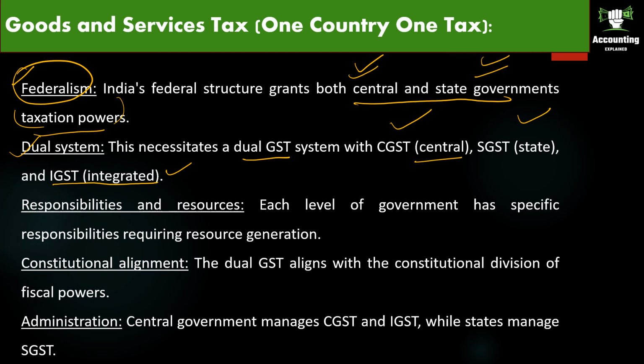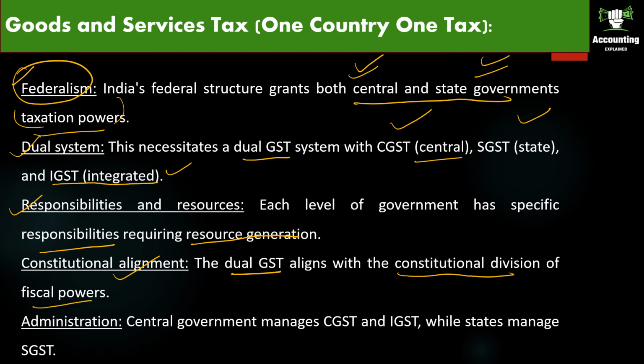Responsibilities and resources. Each level of government has specific responsibilities requiring resource generation. So each government will have a specific responsibility. Constitutional alignment. The dual GST aligns with the constitutional division of fiscal power. What is fiscal power?